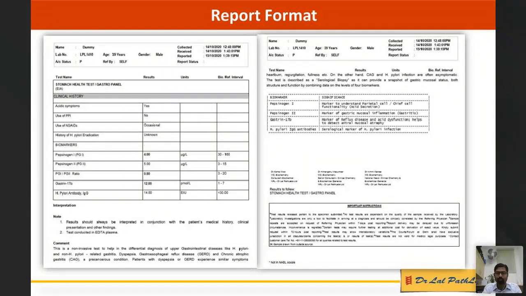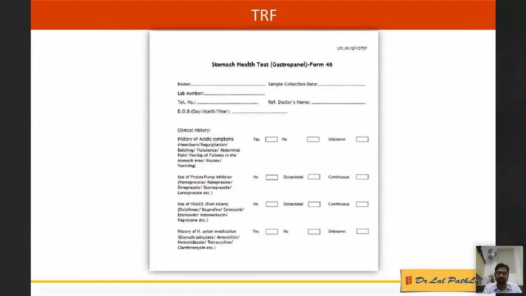So this is the report format that we are offering to the patient with this test. And this is the test requisition form, basically, where we need these drug histories and clinical histories from the patient.